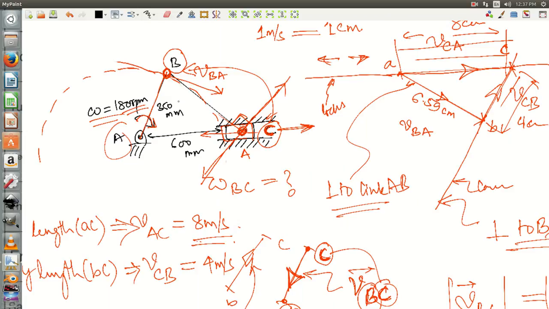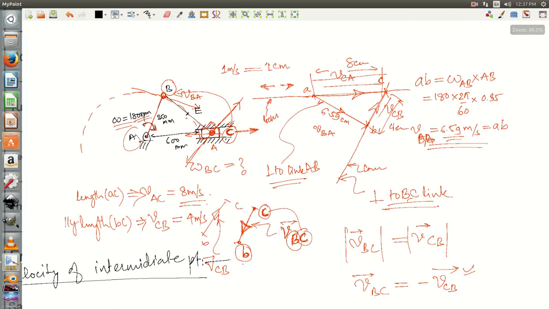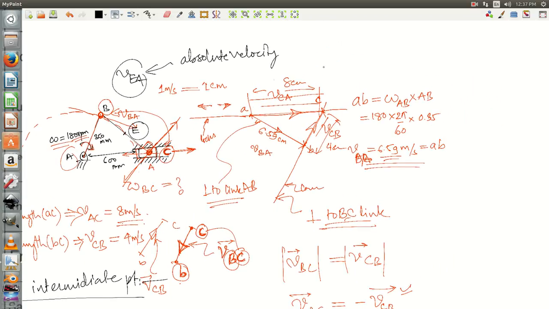Let us assume that on this link BC we have somewhere over here a point E, such that we also have to calculate the velocity of point E with respect to the fixed frame, that is A. This is the absolute velocity of E. In order to do that, we can use the relation: length BE divided by length BC, which are on the same line, is equal to the corresponding length in the velocity triangle, which is b to e, divided by bc. So how to locate this point E?